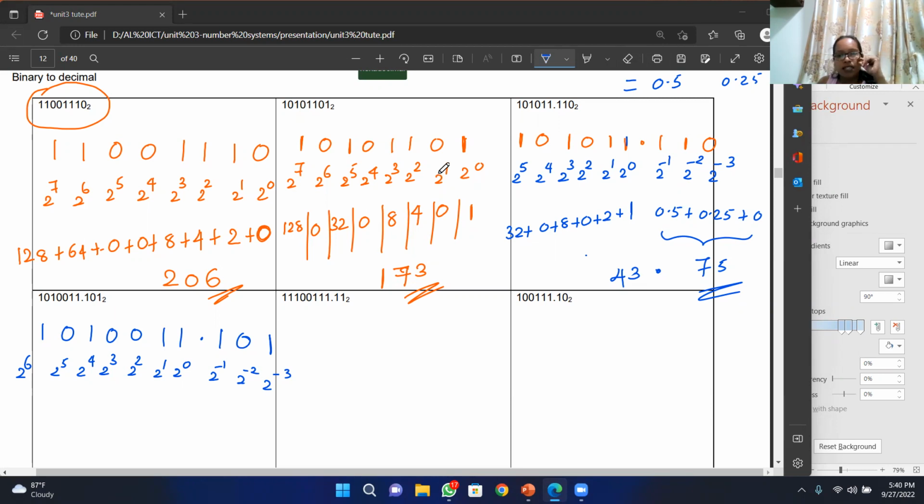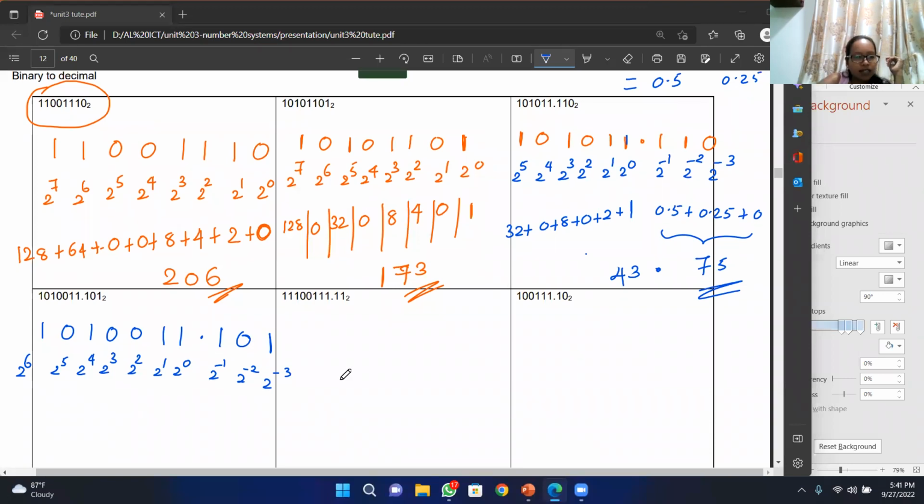Rahik has given us 83.625. Vinutmi, 85.875. Some differences are there in the two answers.